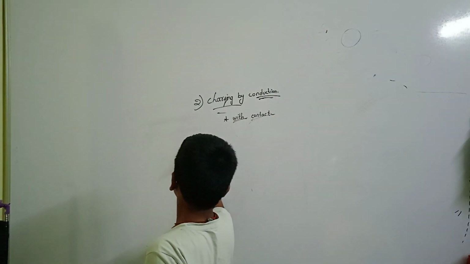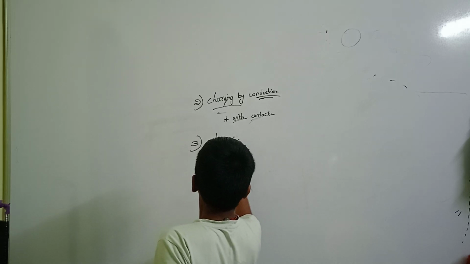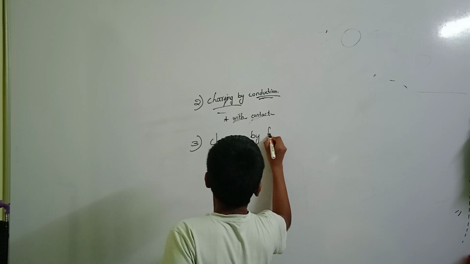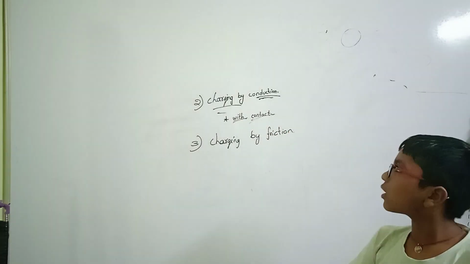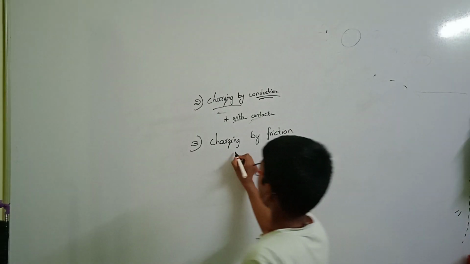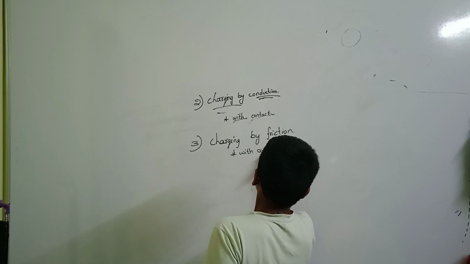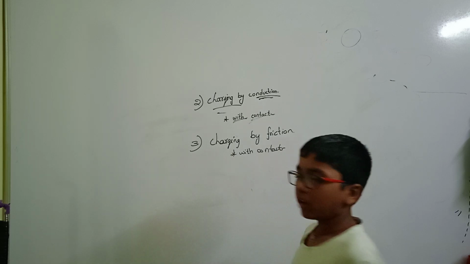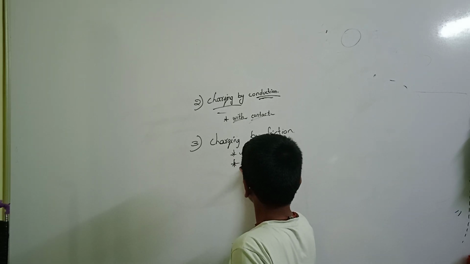Next, very important, charging by friction. You know, friction means rubbing two bodies against each other. In this, same as before, with contact, rub each other.